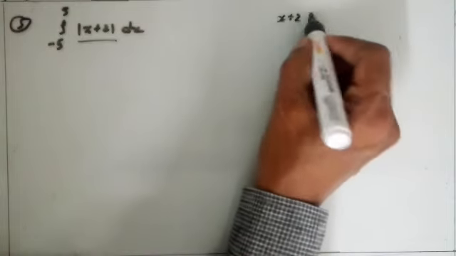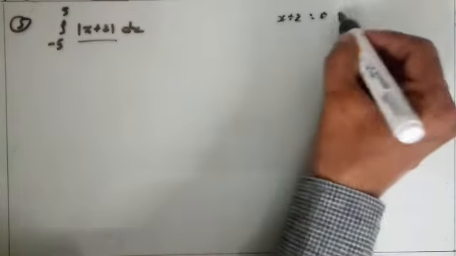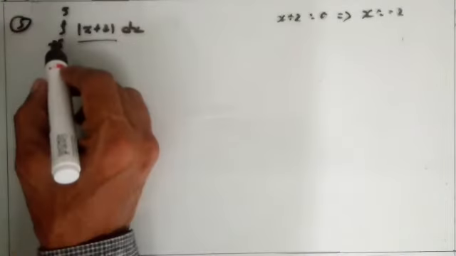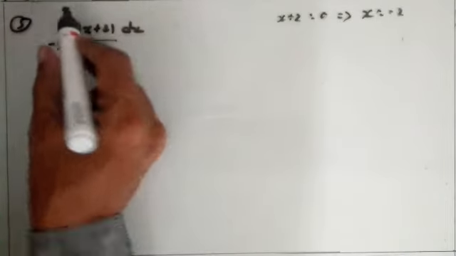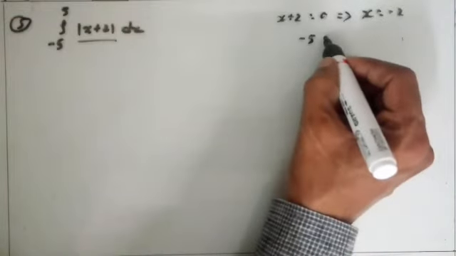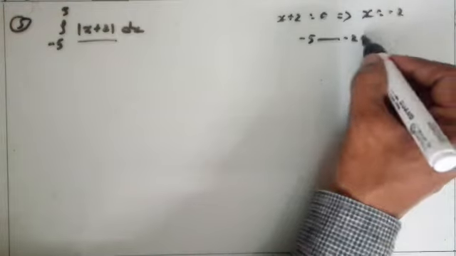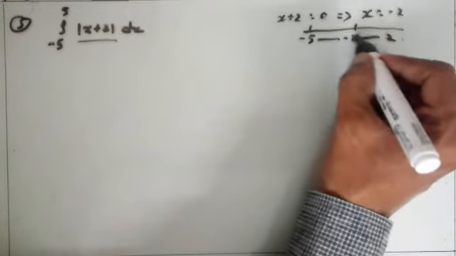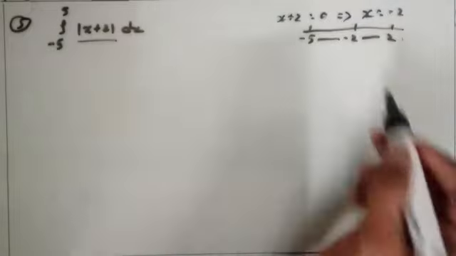So x plus 2 equal to 0, so this implies x is equal to minus 2. So divide this limit minus 5 to 5 into two parts, minus 5 to minus 2 and minus 2 to 5.